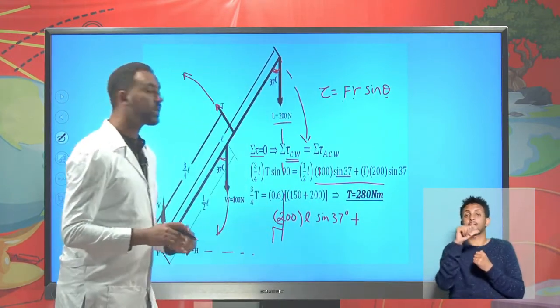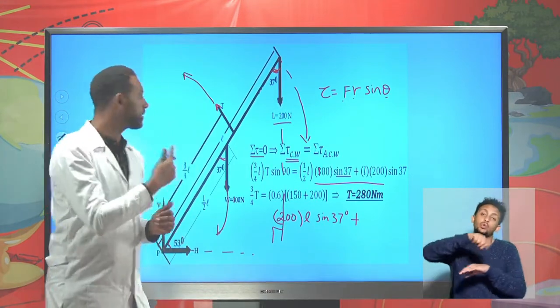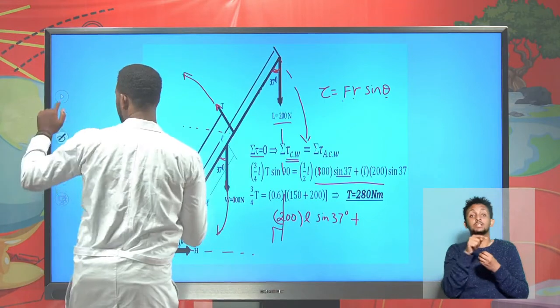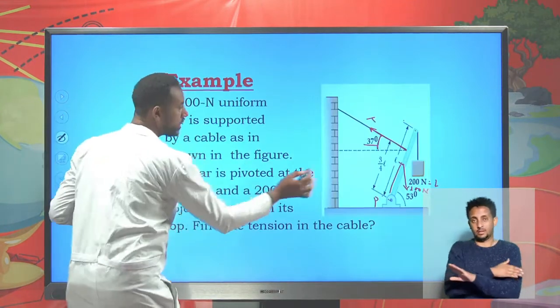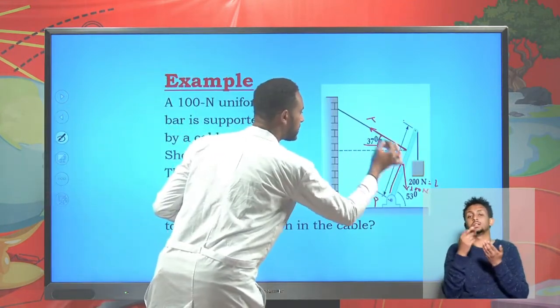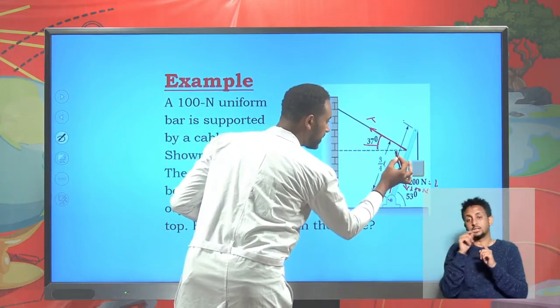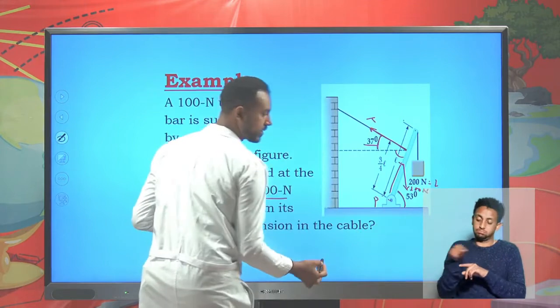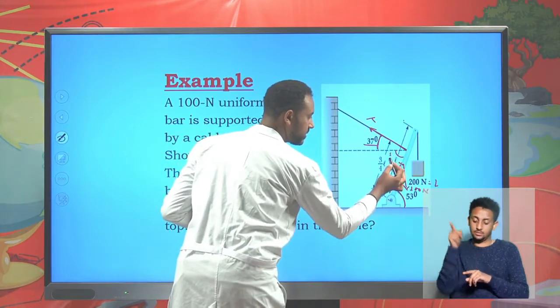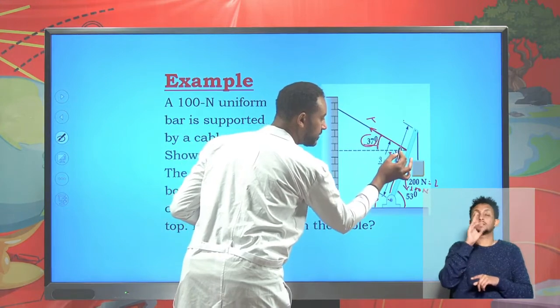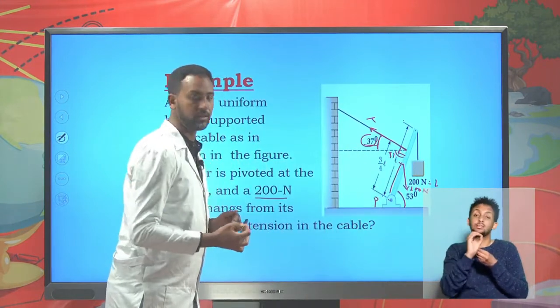And the other force which is acting counterclockwise, or anti-clockwise, is a tension T. Here it says, let's go back again, this is acting at 37 degree, and this angle is 53 degree. Okay, this is 53, this is 53. So 53 degree plus 37 degree gives you exactly 90 degree.